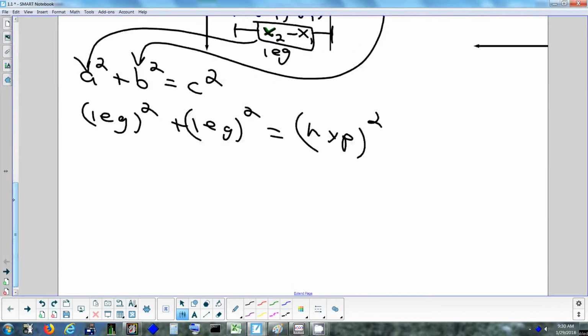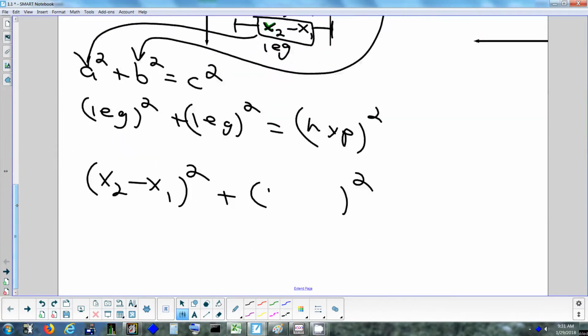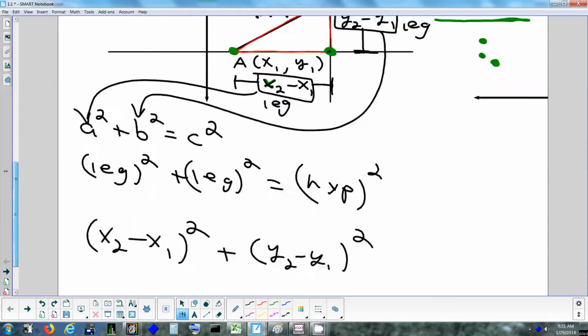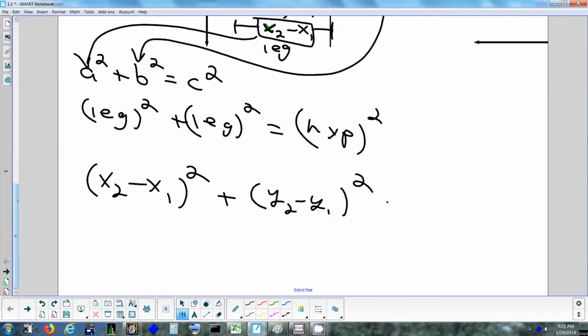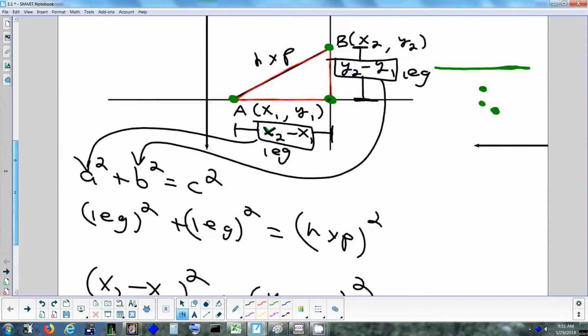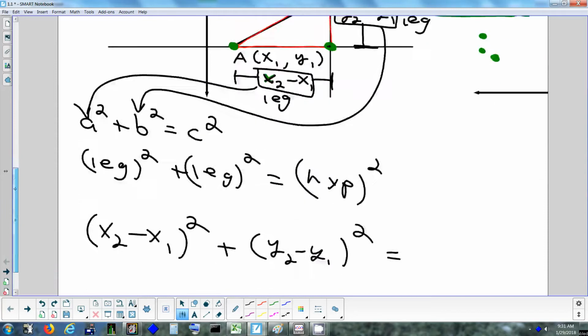We've got x2 minus x1 squared, so it's the difference of the x's squared, plus, now fill in for b, y2 minus y1 squared, and that's equal to the hypotenuse squared, which in our problem is the distance between A and B.